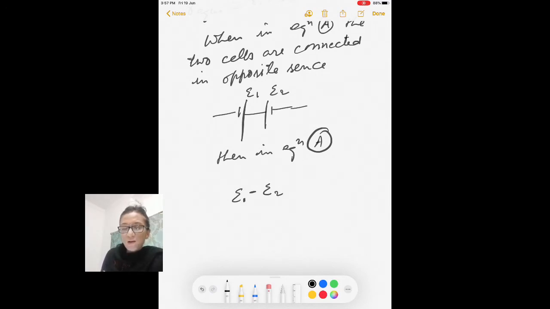We will take one cell with EMF with negative sign, and here you have minus I into, and resistances will be same because it does not change with polarity. Your equivalent resistance will remain same. This is equal to E minus IR.